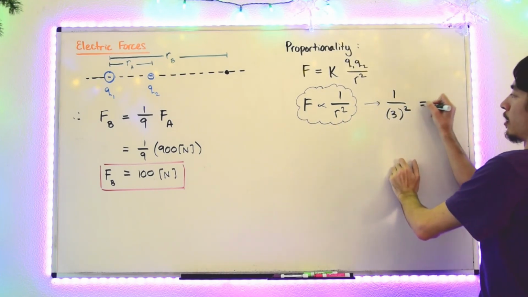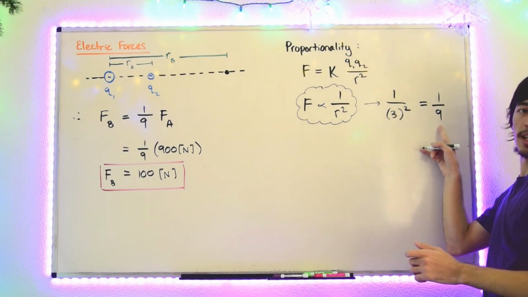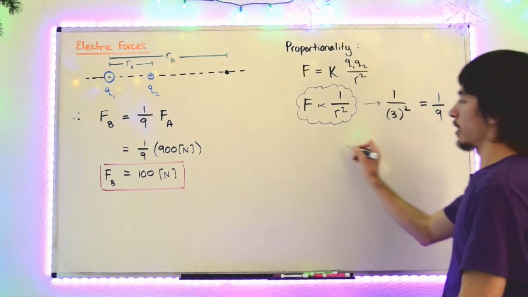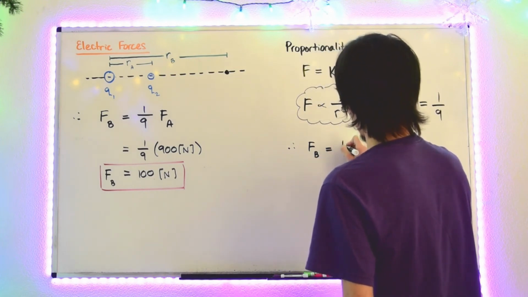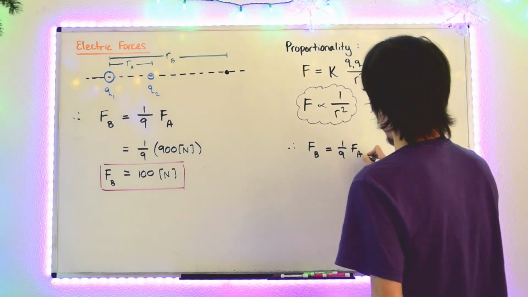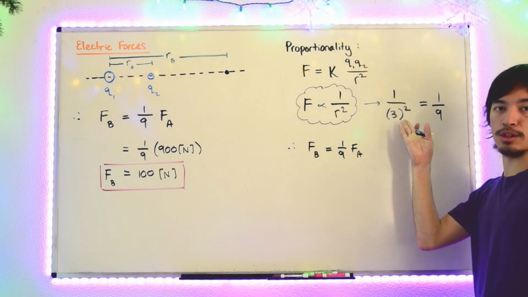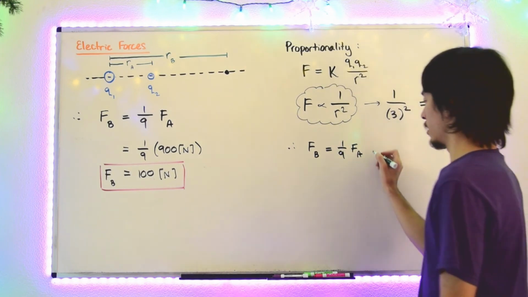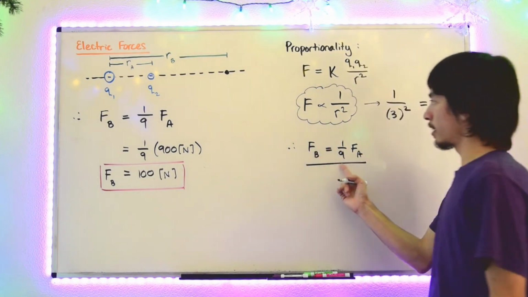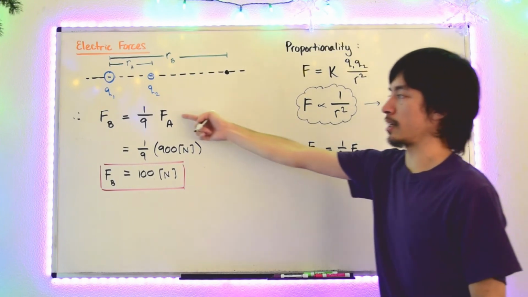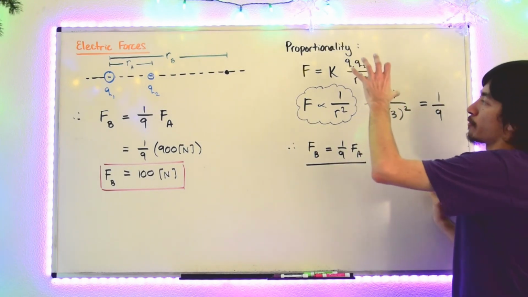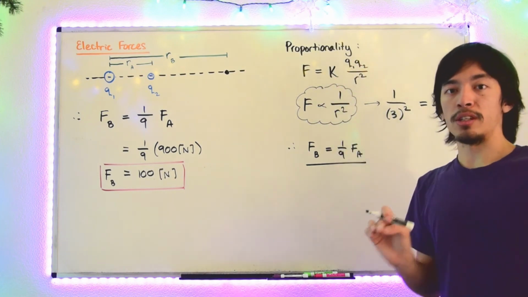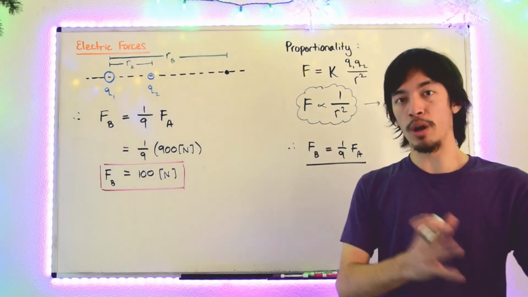That's it. 1/9. That's it. So what this means is, therefore, the force in B is 1/9 the force in A, given that the distance is 3 times the amount. So we quickly arrive at the same conclusion that we did here without doing all the grinding. So this is a very powerful tool for situations where we compare one to another.